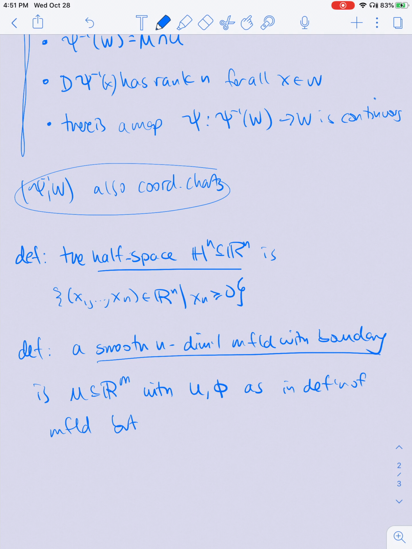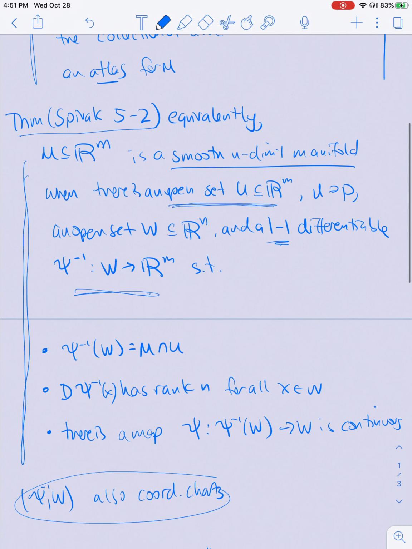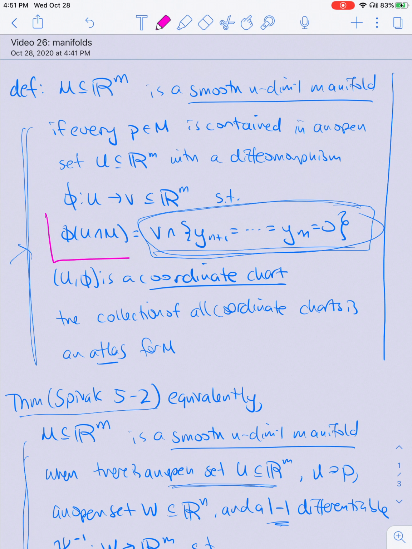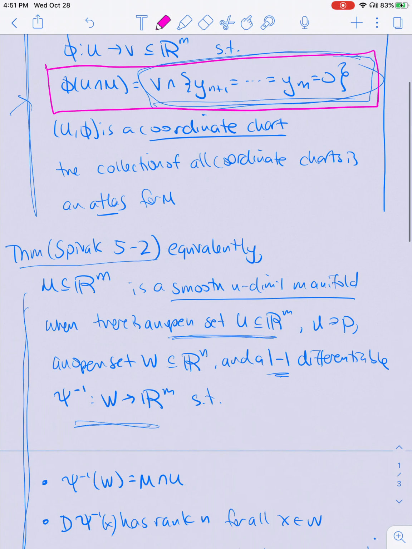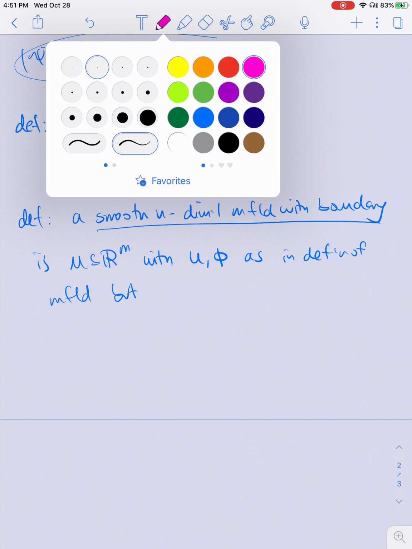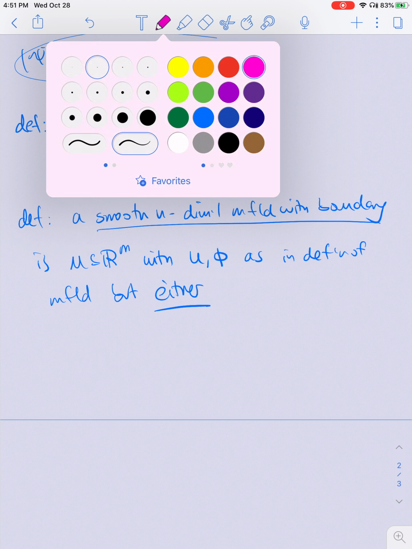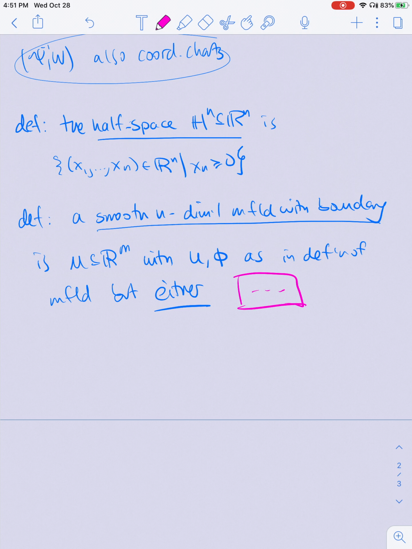But instead of this condition, which I'll outline in pink, we can have the pink condition hold. This condition says that every point has a neighborhood U, which locally basically looks like Rn. So either the pink condition holds, or a condition holds which basically says that the neighborhood U of P locally looks like the half space.